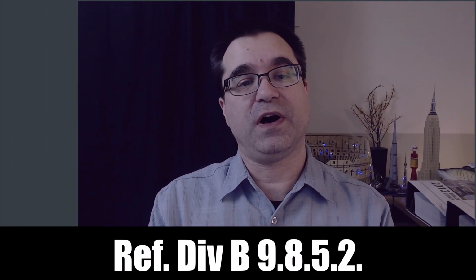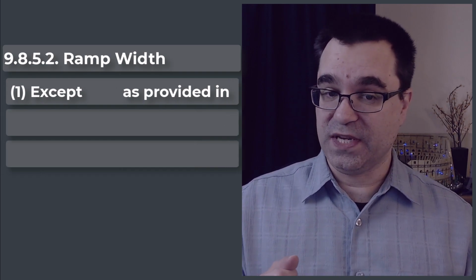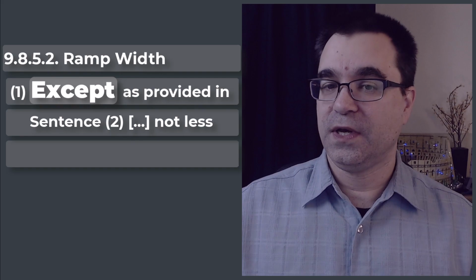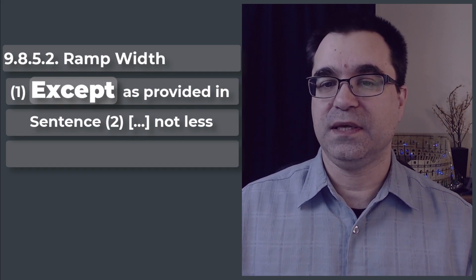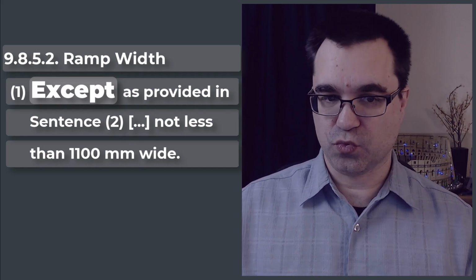I think it's easier if I show you. Okay, let me show you an example from the Ontario Building Code. Let's go to Article 9.8.5.2, ramp width. Under sentence 1, it reads, except as provided in sentence 2, ramps shall not be less than 1,100 millimeters wide.